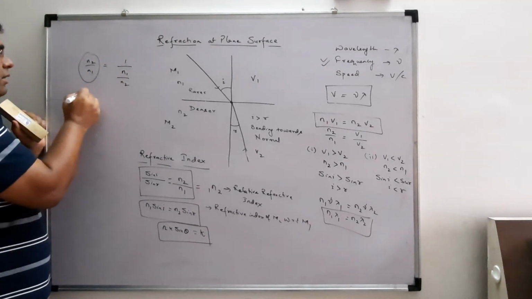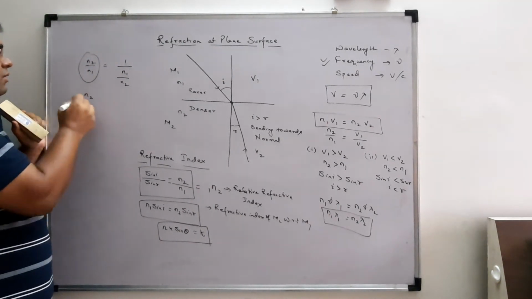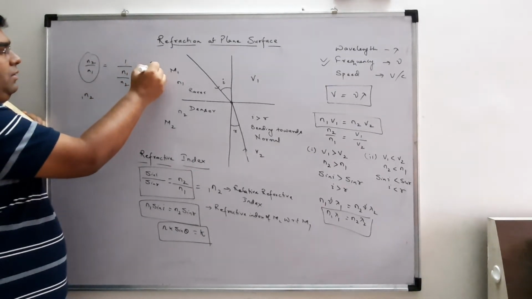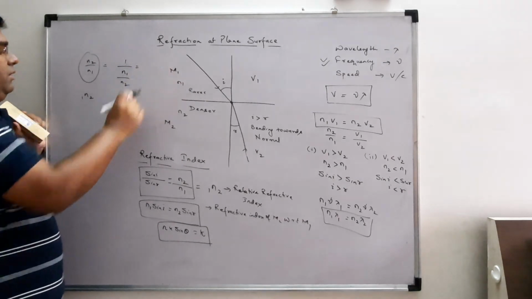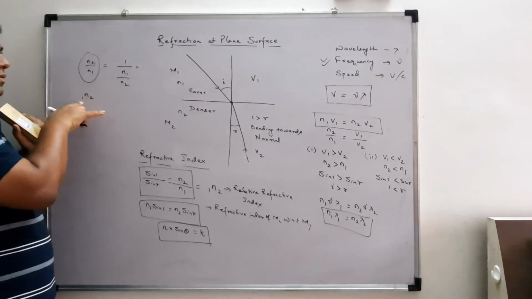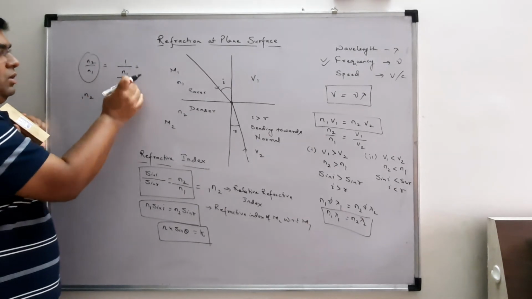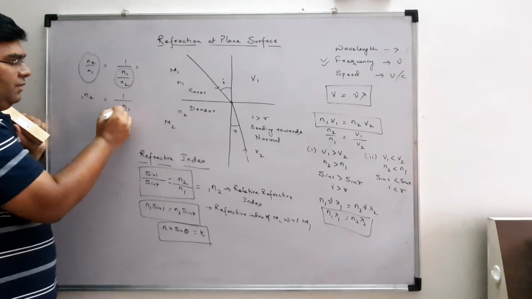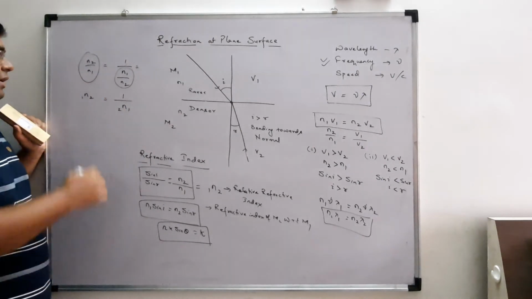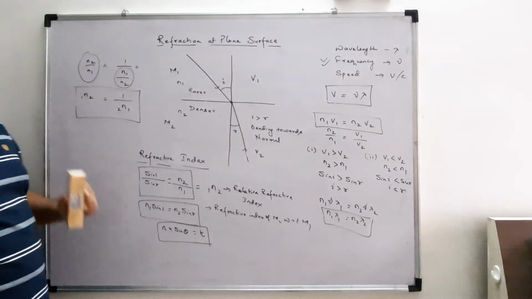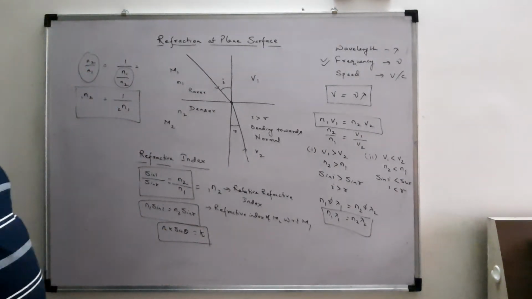This is the refractive index of the second medium with respect to the first medium. And this is the refractive index of the first medium with respect to the second medium. So these are reciprocals of each other.